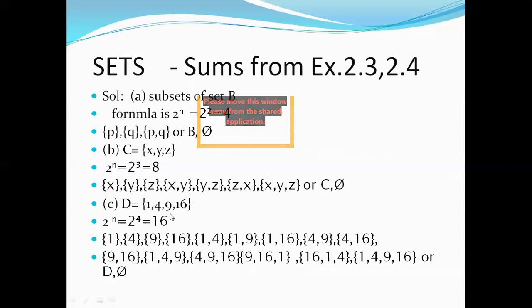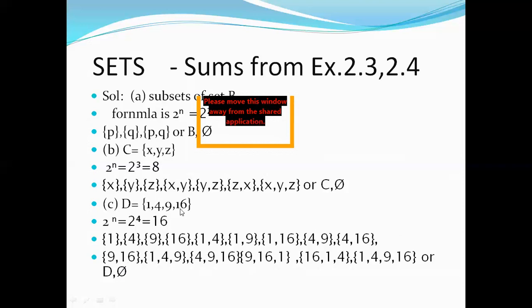You can write either {1, 4, 9, 16}, or you can write only D also. And the last one is the empty set. Count here: 1, 2, 3, up to 15, and the last one is 16. So in total we got 16 subsets of the given set.